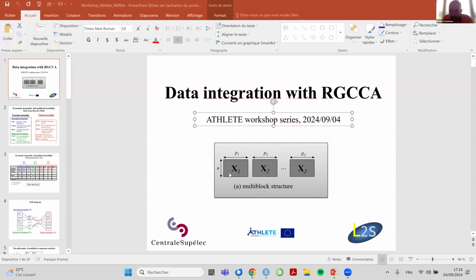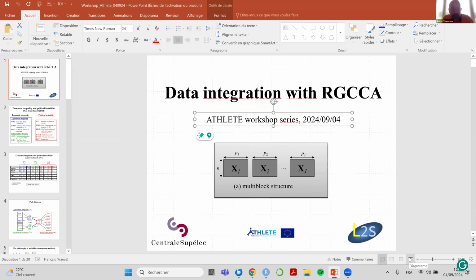For instance, here you can see that one observation is characterized by J types of information, and you want to understand the relationships between those J types of information. So we have J blocks of data, and we want to identify for each block the set of variables that create the link between the blocks. And so RGCCA is a method dedicated to this kind of problem.